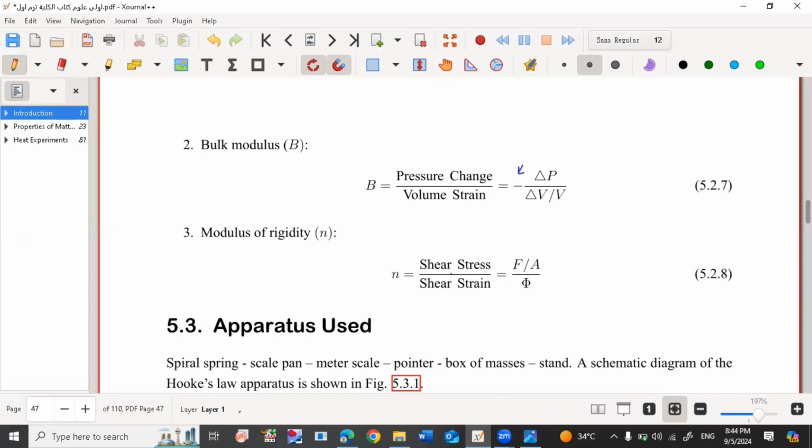And in the case of the modulus of rigidity here, it will be shear stress, which means F over A, over shear strain here.